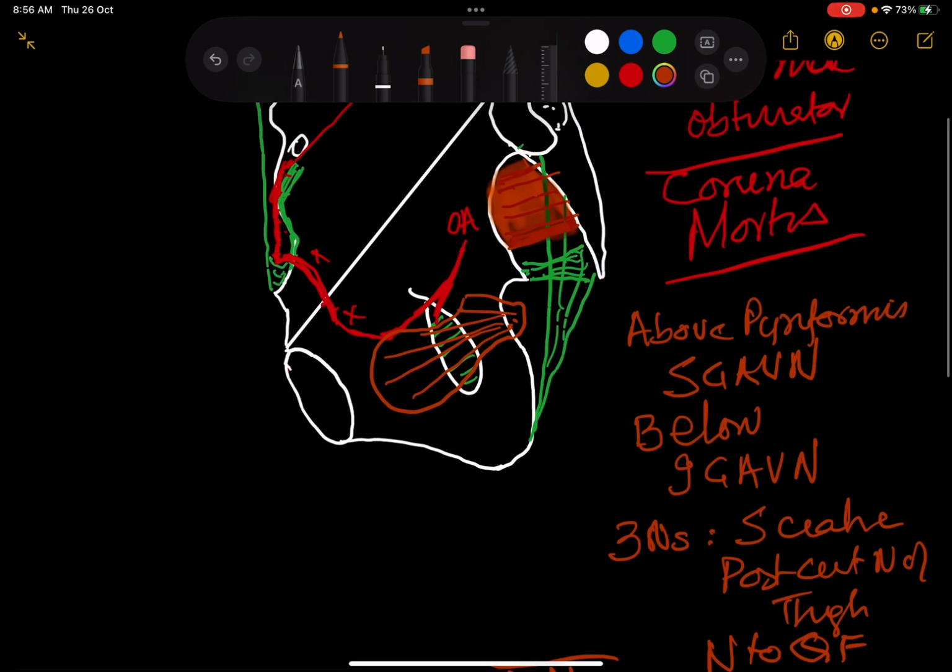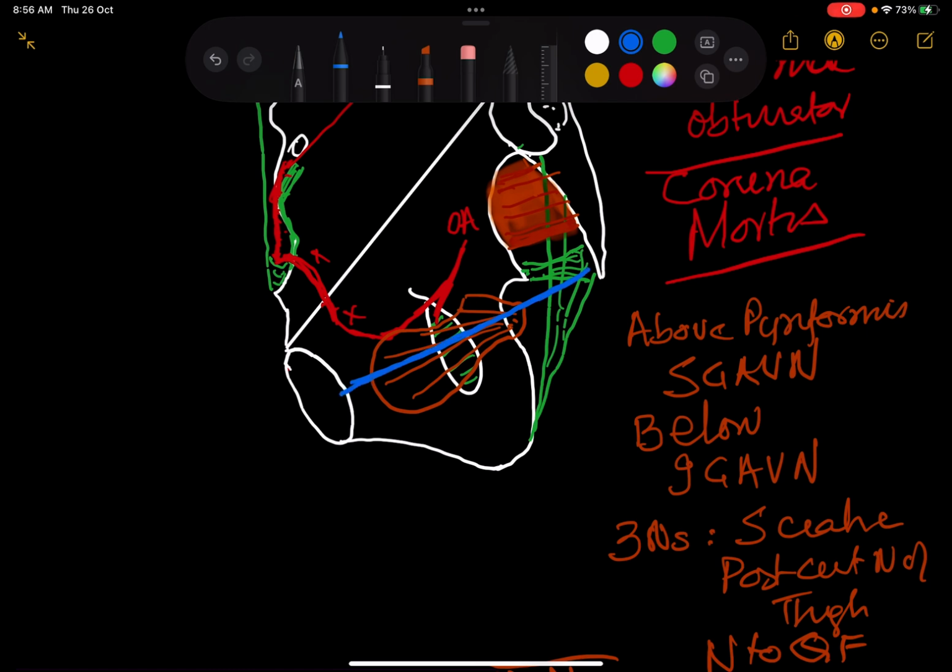So you have to understand that there is a tendon which extends from the pubic symphysis to the coccyx.